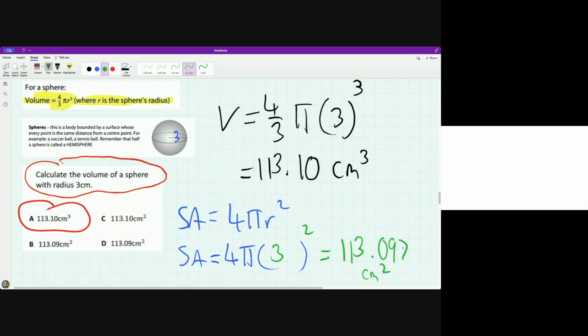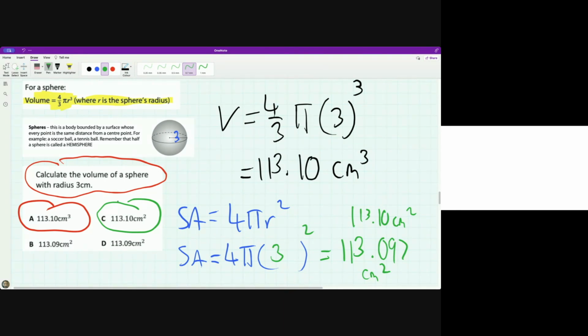Now, if I round off 0.097, it's actually going to round off to 113.10 centimeters squared. So the correct answer is actually going to be C. Sneaky, sneaky, sneaky. But I think you all understand why that is.